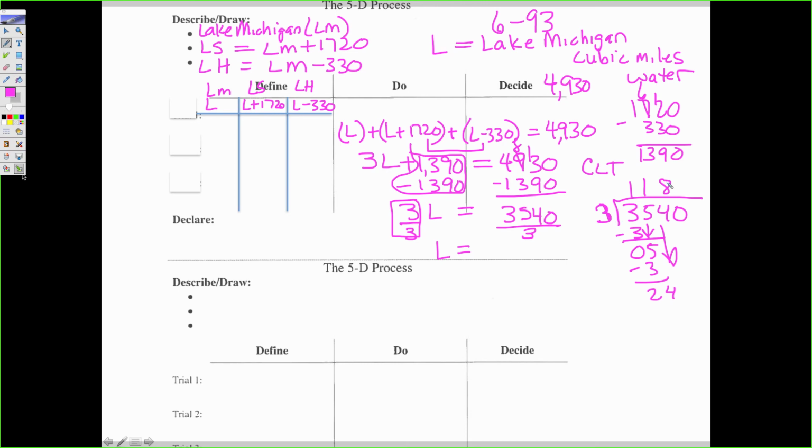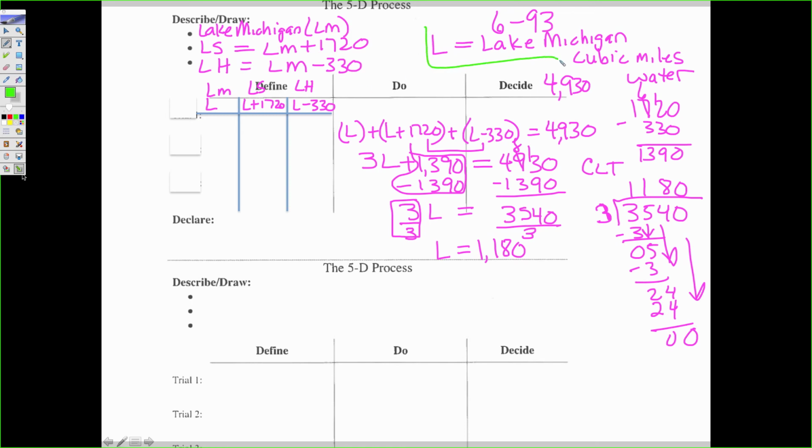There we go, that looks better. 8 times 3 is 24, because we had 3,540 divided by 3. Then 0, and we'll bring down the 0. So 1L is 1,180. What does that mean? We go back to our definition: Lake Michigan has 1,180 cubic miles of water.